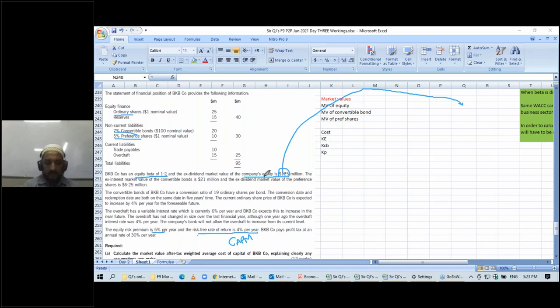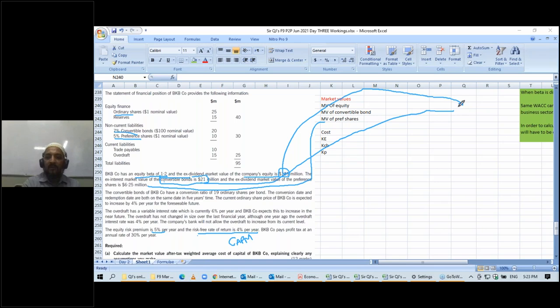So they have given you the market value of the convertible bond as well. The market value of the convertible bond is 21 million in full. So this will be considered over here, and the market value of the preference shares is 6.25 million, which is given over here. So this is ready-made given to us.